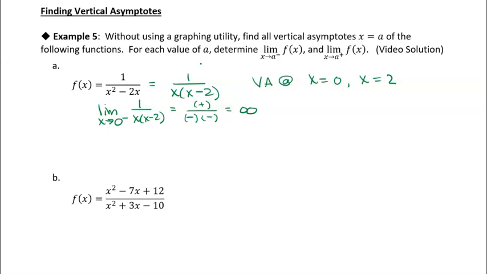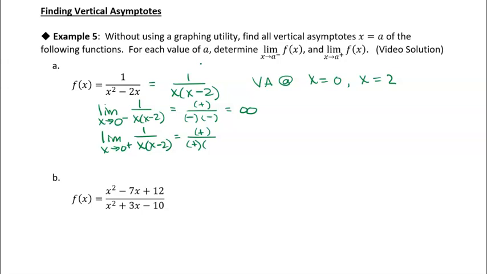All right, so let's look at what happens as x approaches 0 from the right. All right, again, we have 1 over x times x minus 2, and I'm just going to look at the signs. The numerator is positive, right? Now, we're approaching from the right. They're approaching 0 from the right, so these are positive numbers. So x is positive. And remember, we're near 0, right?